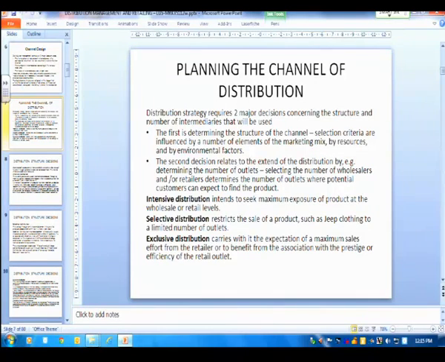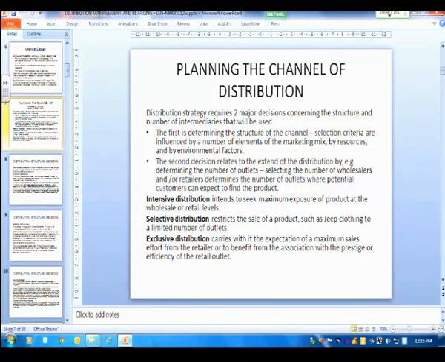The second decision relates to the extent of the distribution, for example, determining the number of outlets, selecting the number of wholesalers and/or retailers, and determining the number of outlets where possible consumers can expect to find the product.